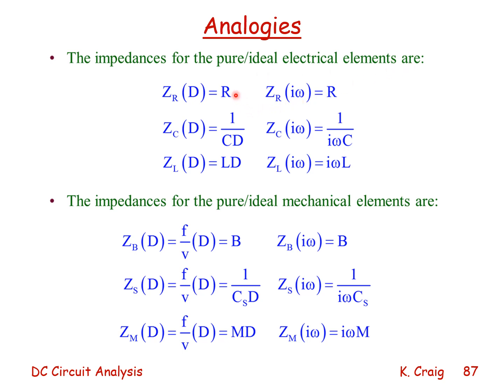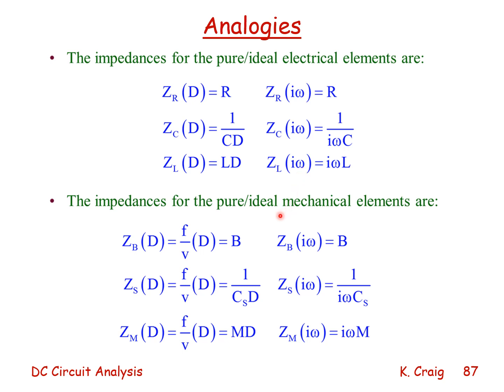For a resistor, it's R. For a capacitor, it's 1 over C times the differential operator. And for an inductor, it's L times the differential operator. When we talk about frequency response, we simply let the differential operator equal i, the imaginary number, square root of -1, times omega, frequency in radians per second.